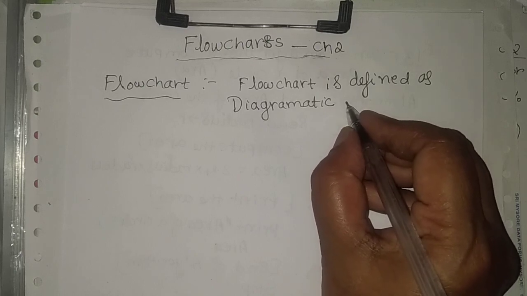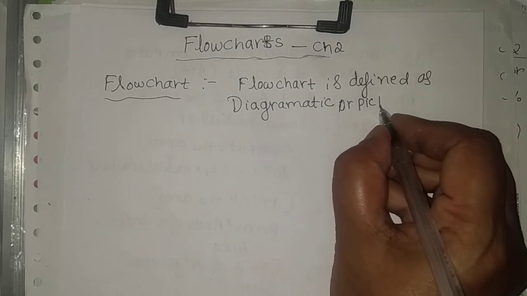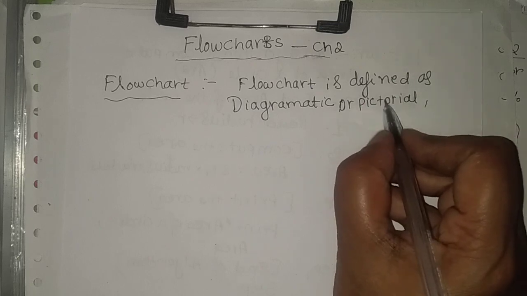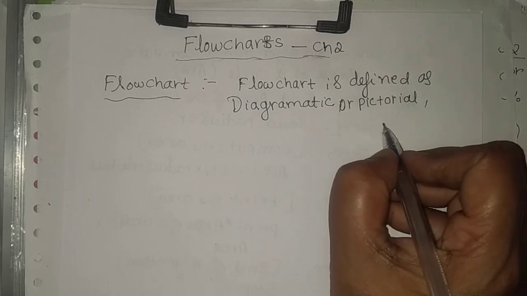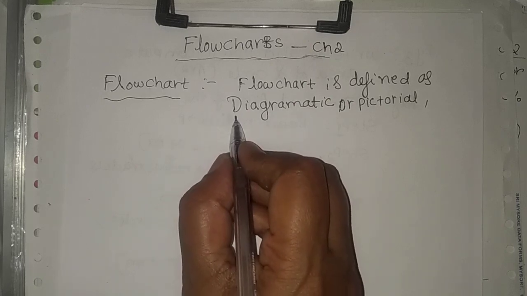Diagrammatic, pictorial, I'll write here pictorial means it is a picture of an algorithm. That's all. We are representing the algorithm in this picture form or a geometrical figure form.